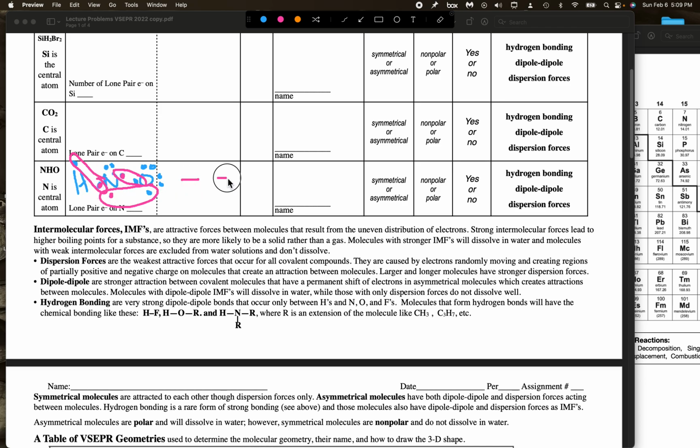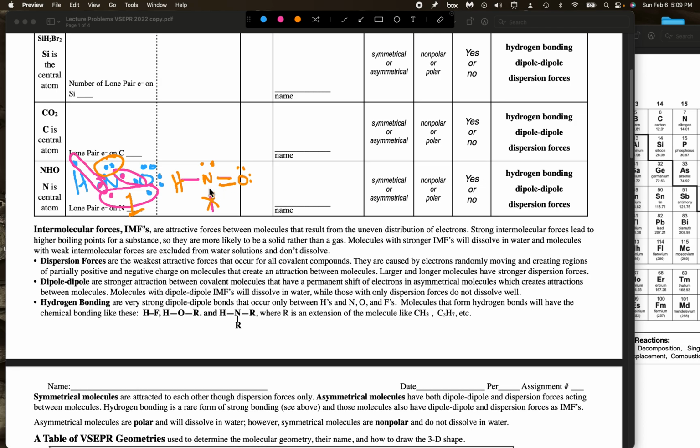So 1, 2, 3. And I also have, for the first time, a lone pair. So you're going to put 1 here. That's my lone pair I'm going to have on top. Nitrogen, hydrogen. Oh, and look, this is not going down. This is a double bond to oxygen. We're going to do our pairs. Okay, so this is not a steric number of 2.